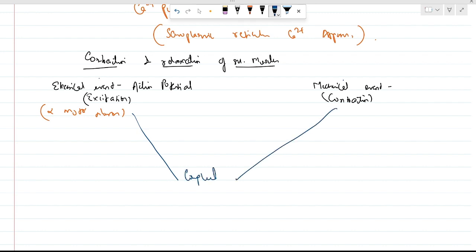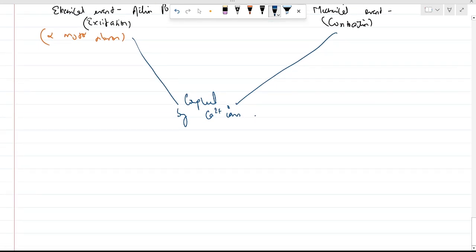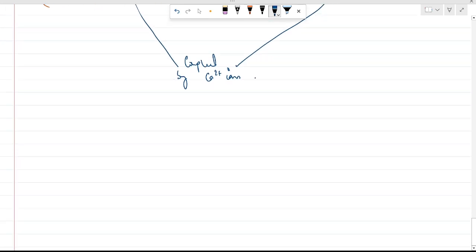They are coupled together by calcium ions, the single most important ion in contraction of skeletal muscles. This phenomenon is simply called excitation contraction coupling.